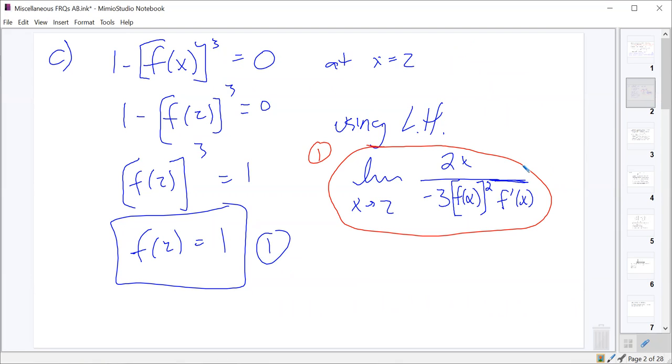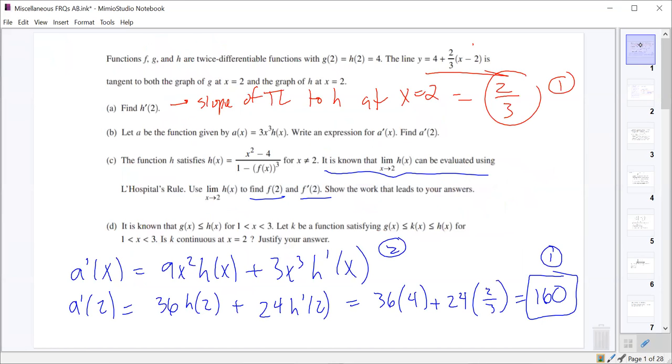What is this equal to? It equals 4. Why does it equal 4? Well, because we know that... where is it?